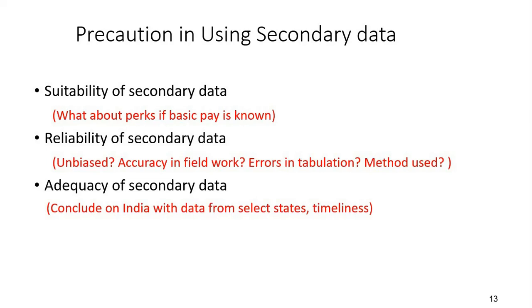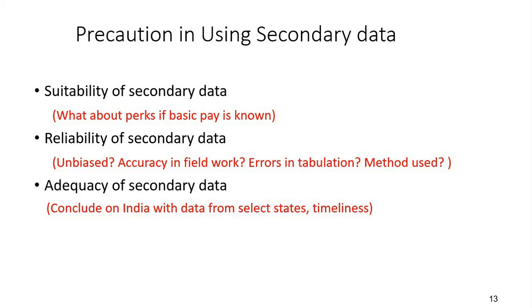Now when you looked at the advantage, okay, secondary data is very good, but when you look at the disadvantage or say precautions, I don't tell it is a disadvantage. Some books you will find that they are telling these are disadvantages, but what I want to say is that these are some precautions which you have to take care of when you want to perform some study with secondary data.